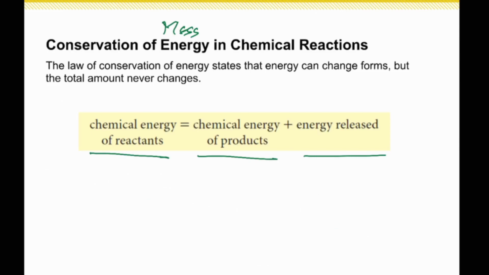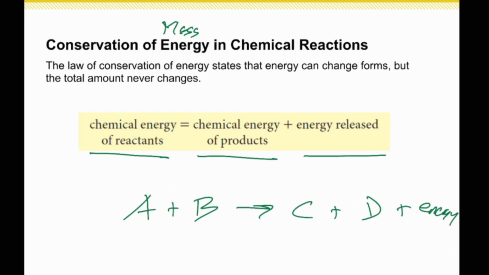In other words, if I have a general reaction, A plus B yields C plus D, one that is an exothermic reaction releasing energy, I could symbolize that by putting energy over here on the product side since it's being produced. So this would be an exothermic reaction.